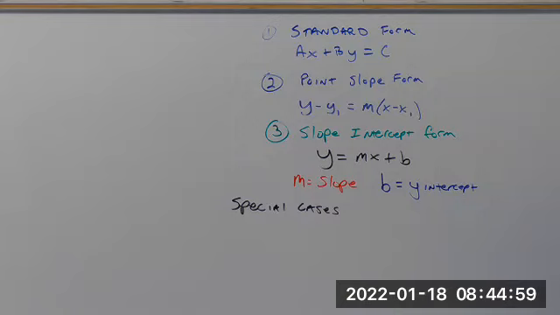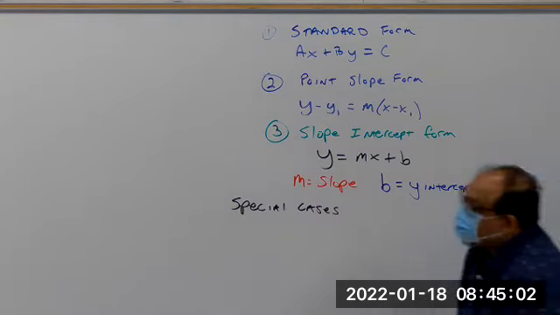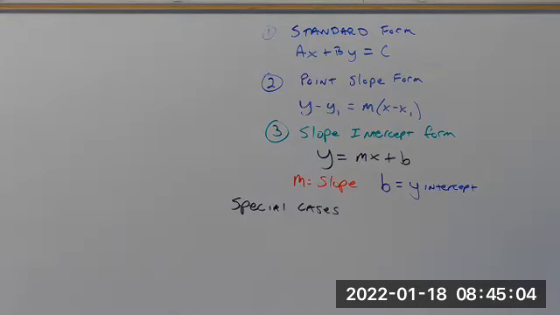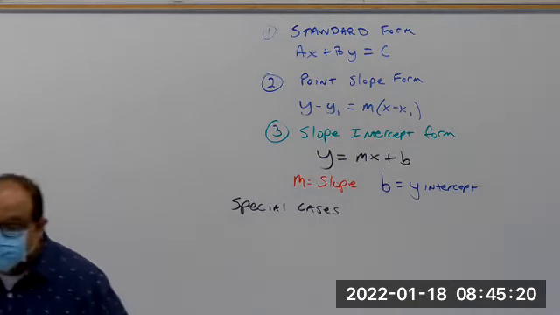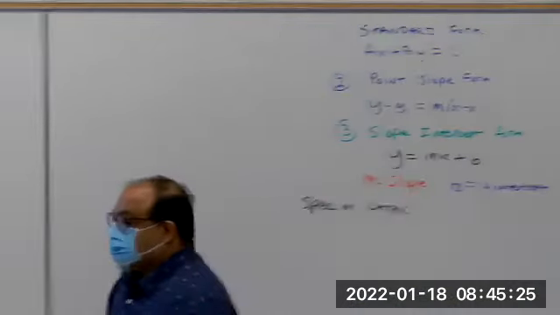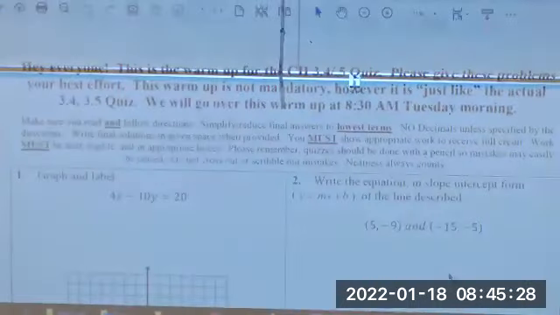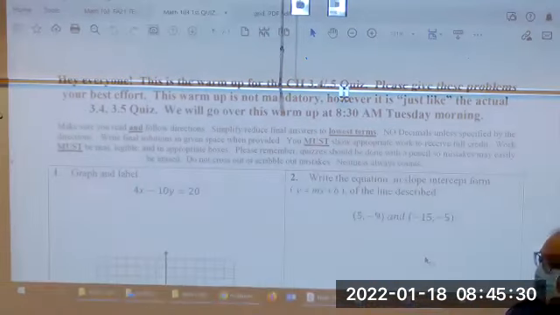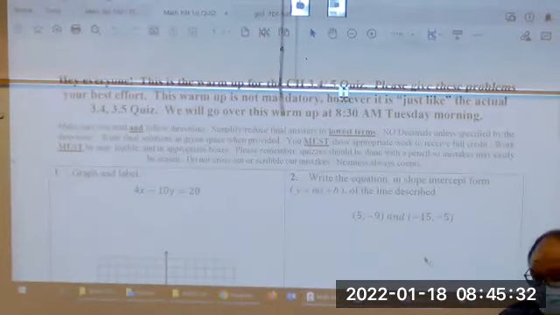We are going to graph 4x minus 10y equals 20. Now, the directions that you see right here are basically almost identical to what you're going to see every time you take a quiz, every time you take a test.